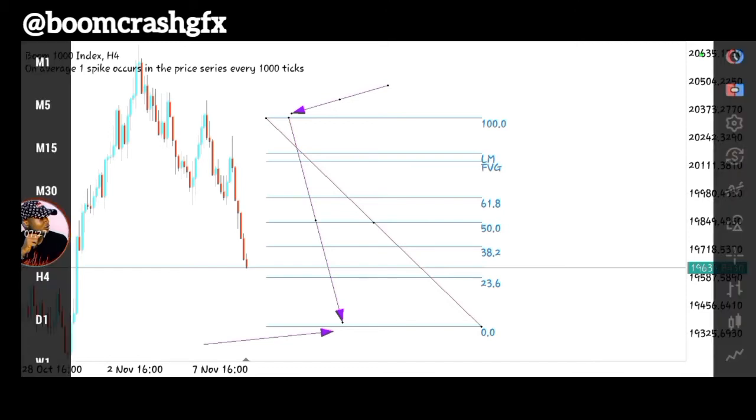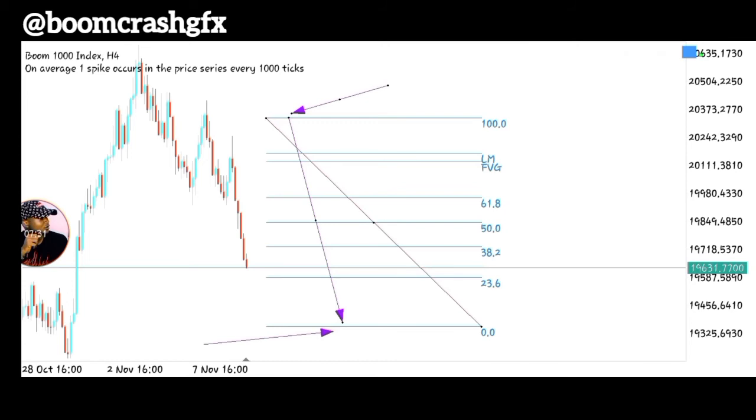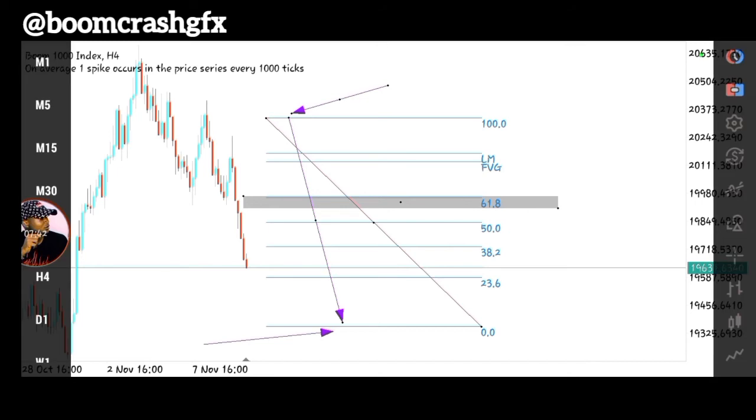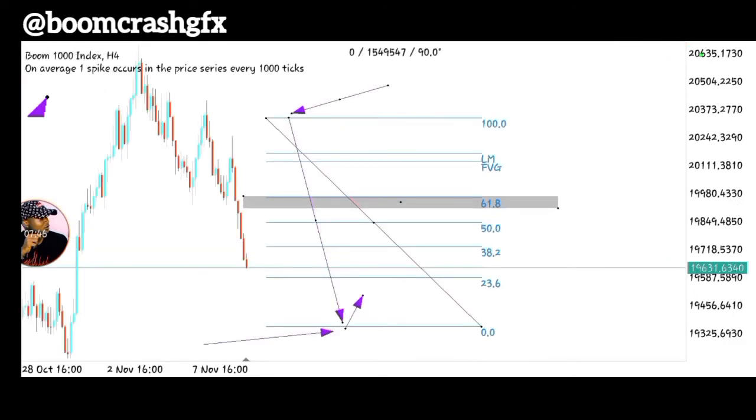Now we are trading this market with the use of Fibonacci and targeting this particular zone, which is 61.8 harmony. So in targeting the market, you'll be watching the price to reverse back to this level.